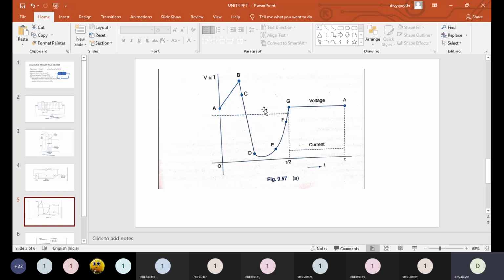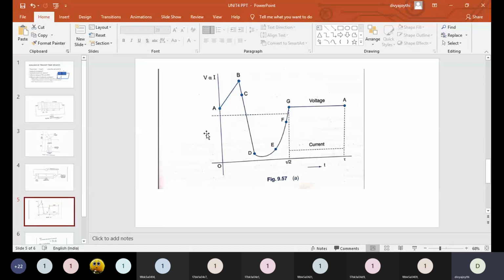So the square wave indicates that the input signal you are giving is a current signal, in the form of a square wave. Based on this input current signal, we have a signal that is the voltage.